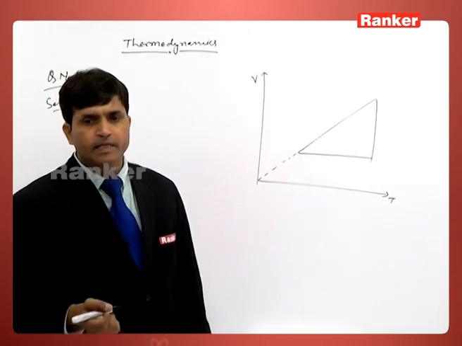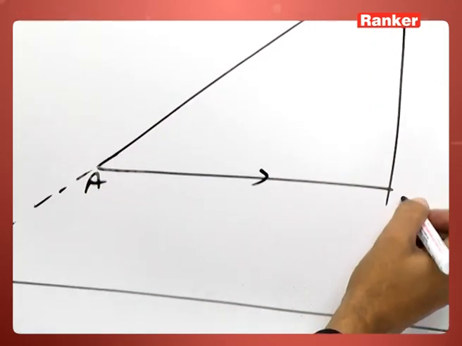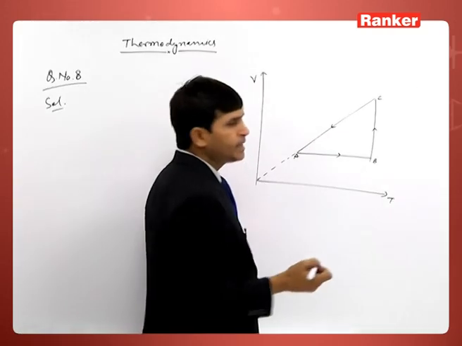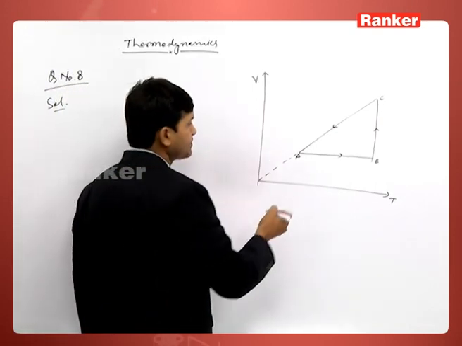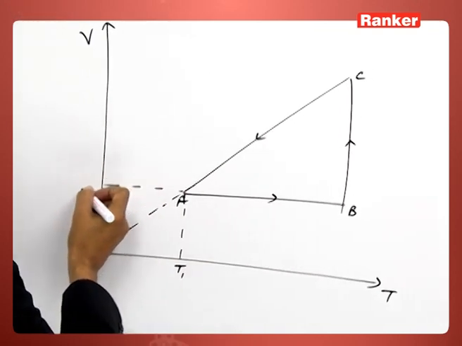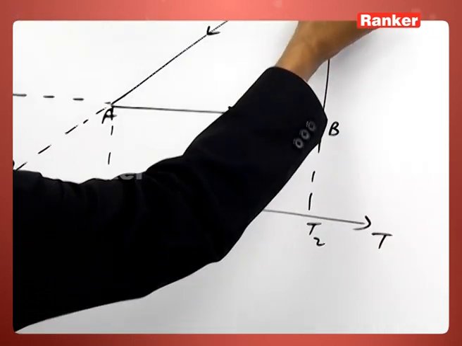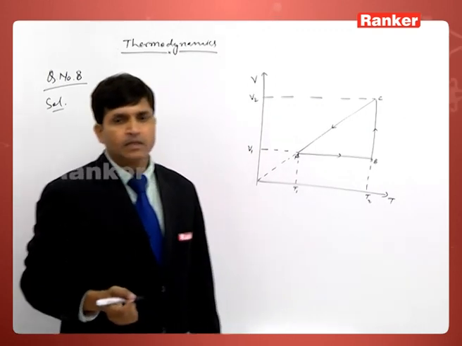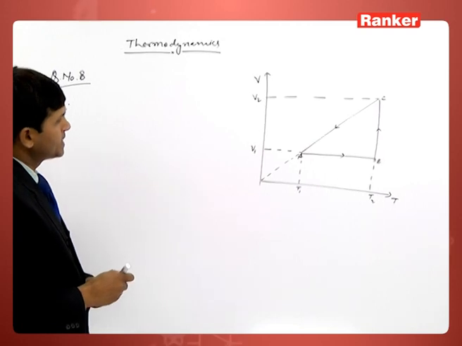This type of process is given: A to B, B to C and C to A. The temperature at A is T1, volume V1, and temperature at B is T2 and volume is V2. Now we have to find the work done in the process AB, BC and CA.